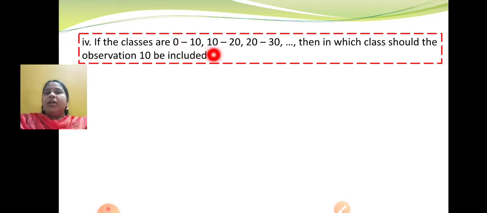Look at the class intervals: 0 to 10, then starting with 10, 10 to 20, then again 20 to 30. It is continuous class. Yes or no? And I hope you remember, in continuous classes, the concept was that you include the lower limit, but you should not include the upper limit.